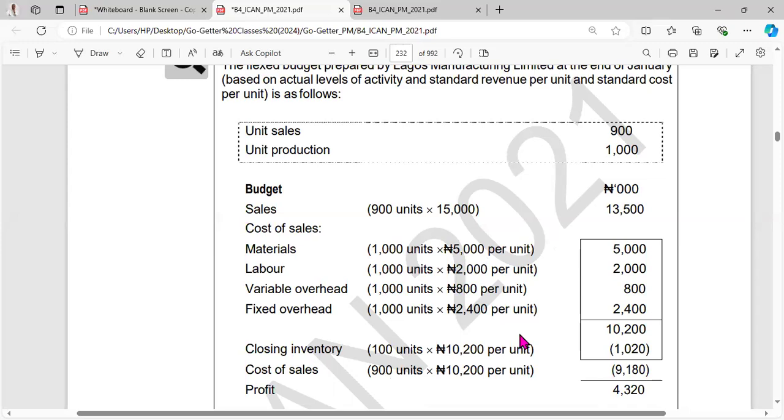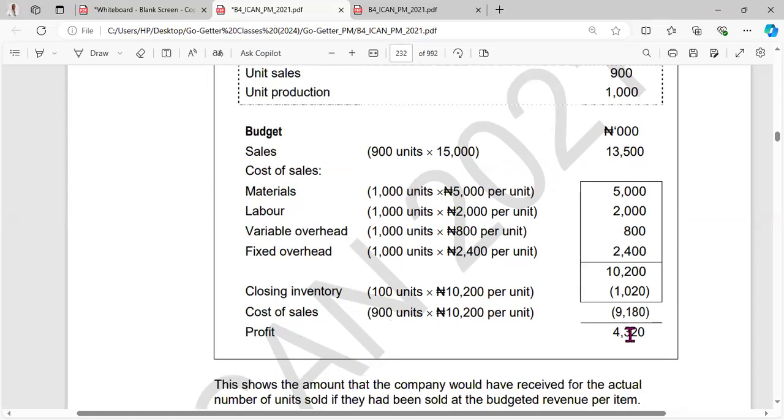So you see here, remember your closing inventory is a standard cost. Now your profit has now become this. So now you can now compare 4,320 to 3,440, and you now ask yourself, what really happened?